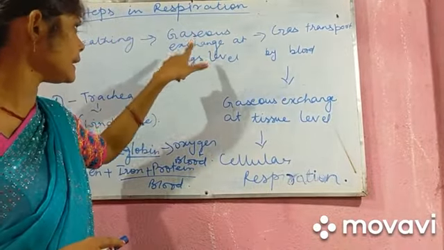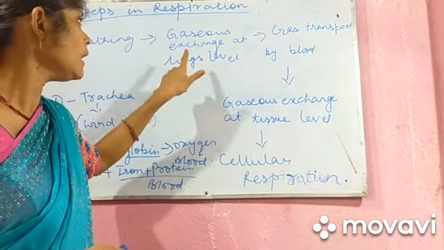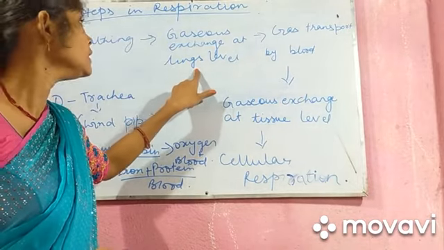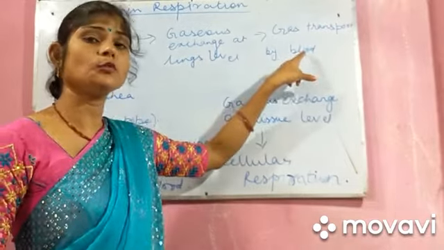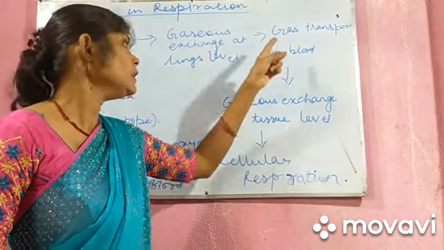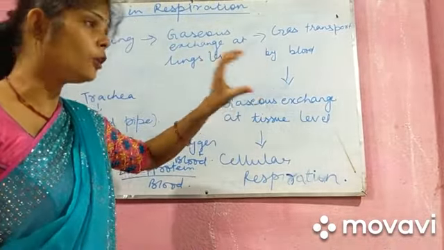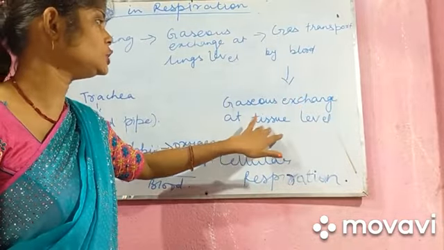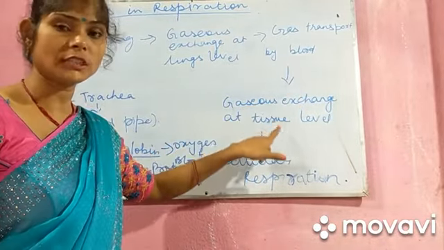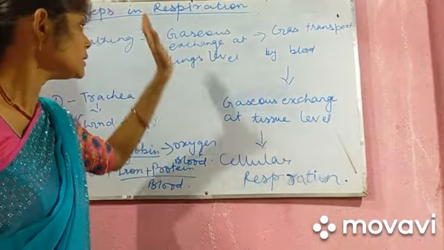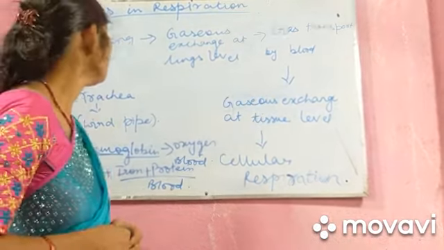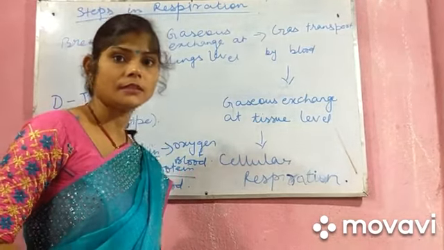Breathing, then gaseous exchange at the lungs level, the gas is transported by the blood, and now this blood along with the gas will come in the tissue where gaseous exchange takes place. Now from the tissue to the cell. This is the process of respiration. Thank you.